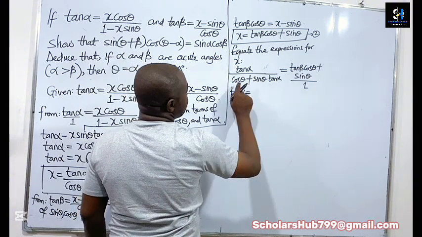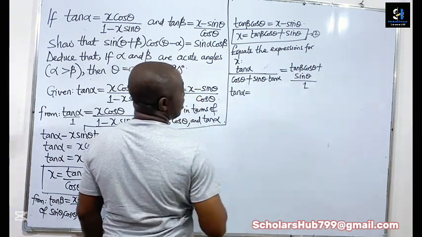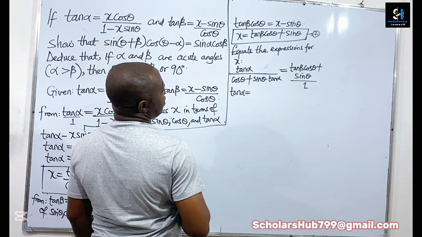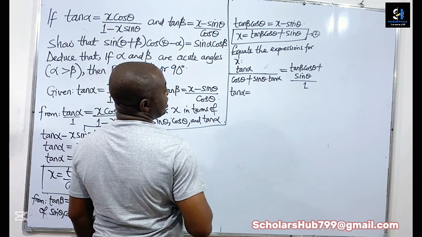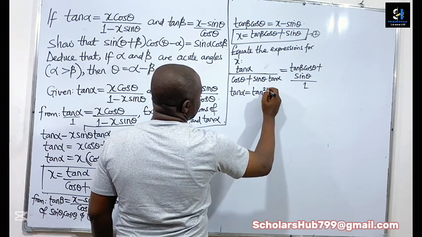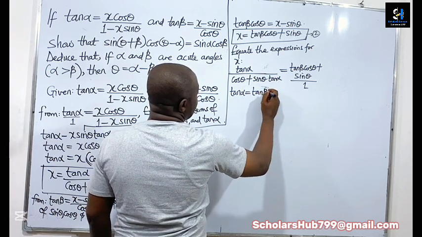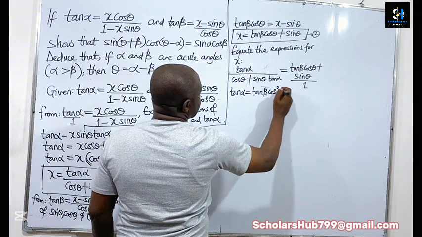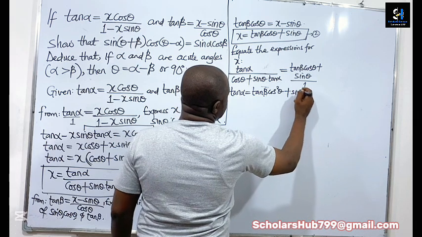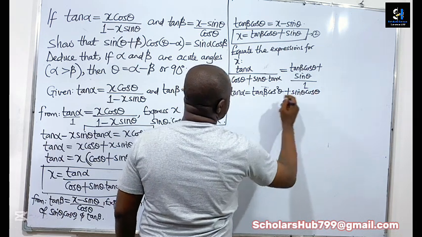now let's expand. Cos theta multiplied by tan beta cos theta will be tan beta cos squared theta. Cos theta multiplied by sin theta will be sin theta cos theta.